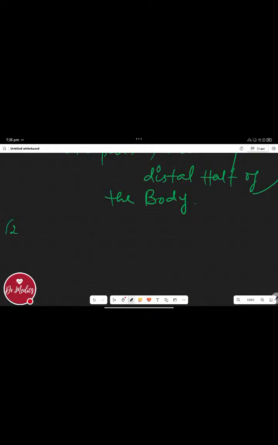And the second clinical anatomy of the carpal bones is dislocation of lunate.